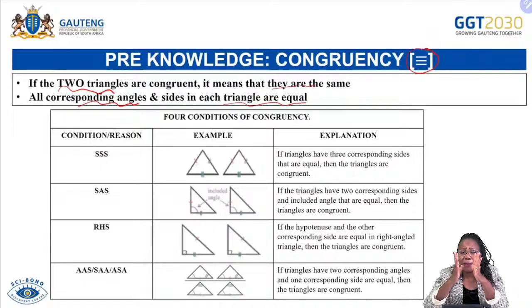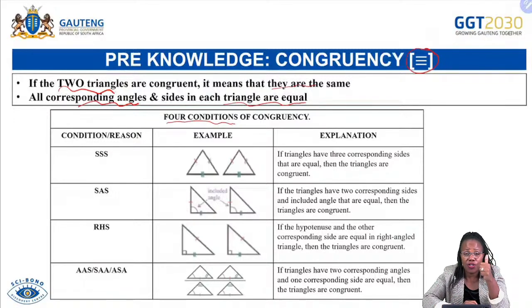That is the type of real situation of congruence that we are talking about. That means the size of angles and the size of the sides must be exactly equal to be congruent. And then we have conditions that make two triangles congruent, of which we have 4 of them.